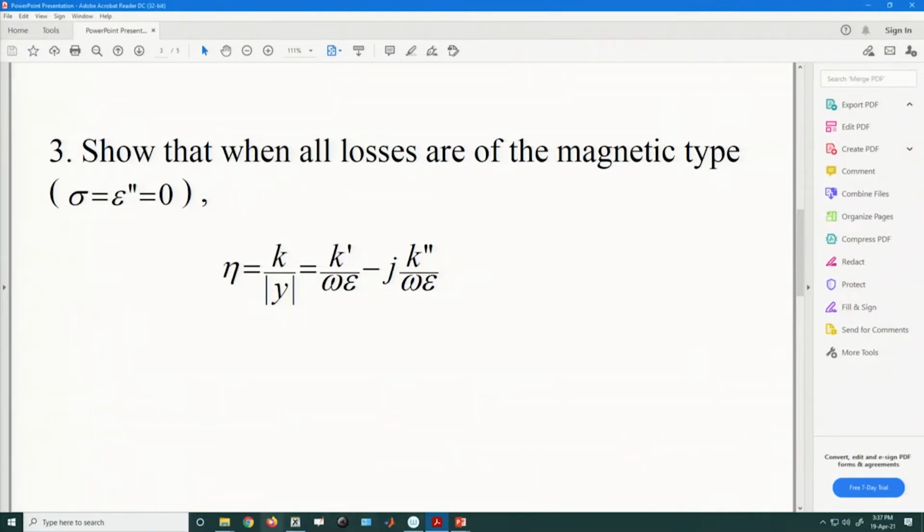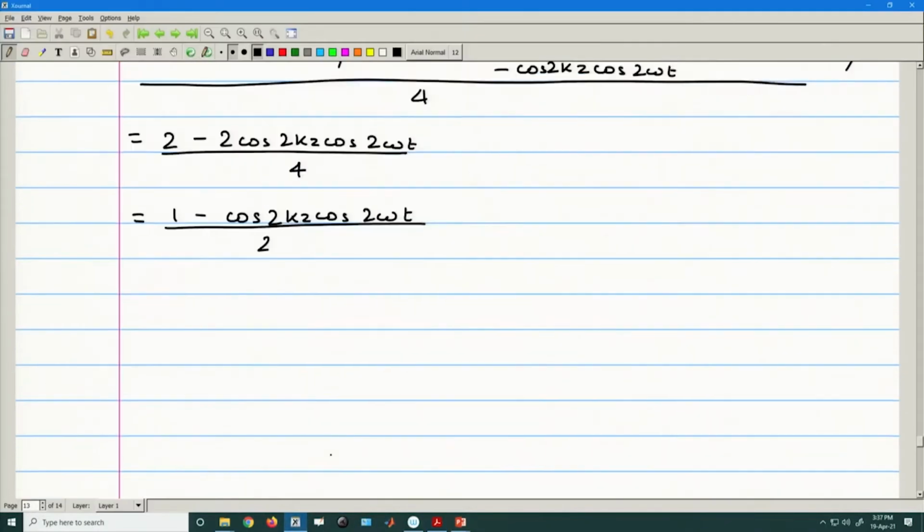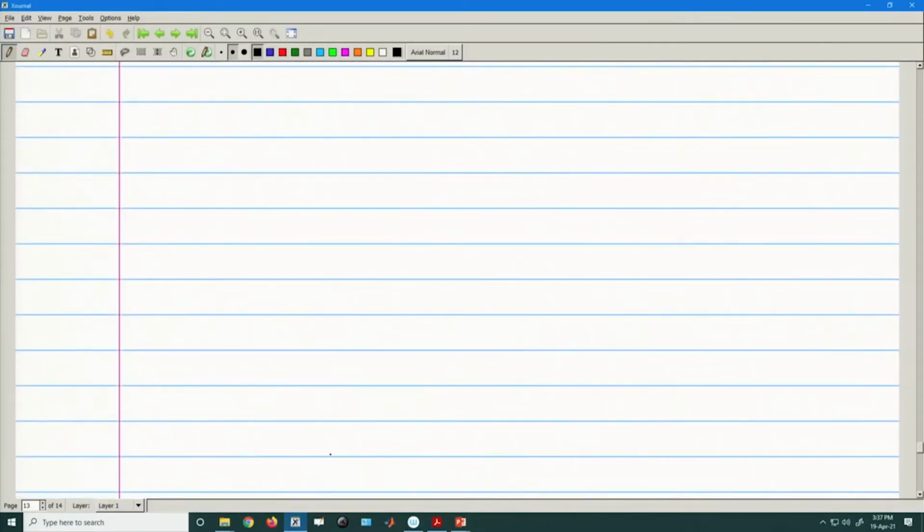So, let us start solving this. We are given that since this is of the magnetic type, sigma equals epsilon double prime equals 0.